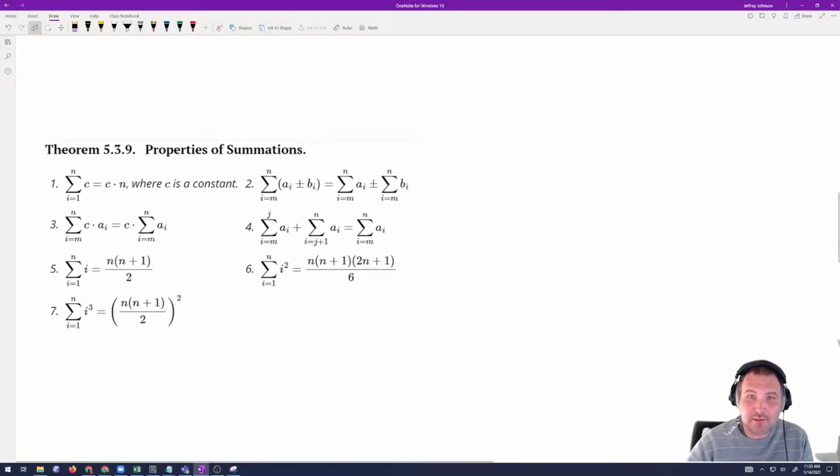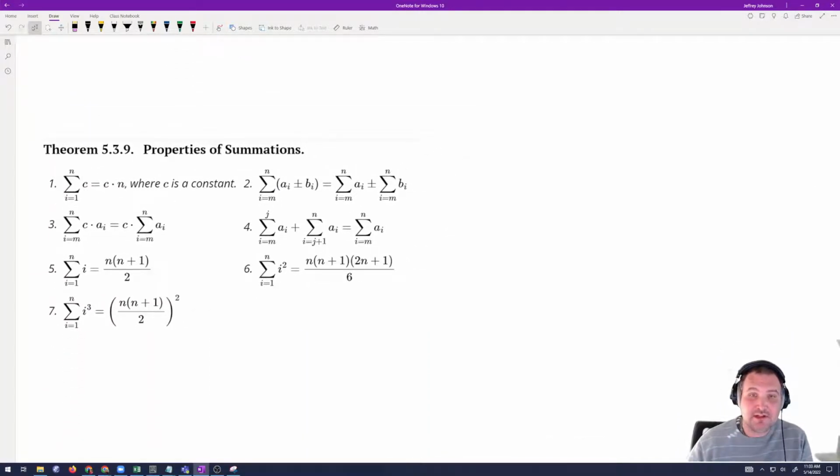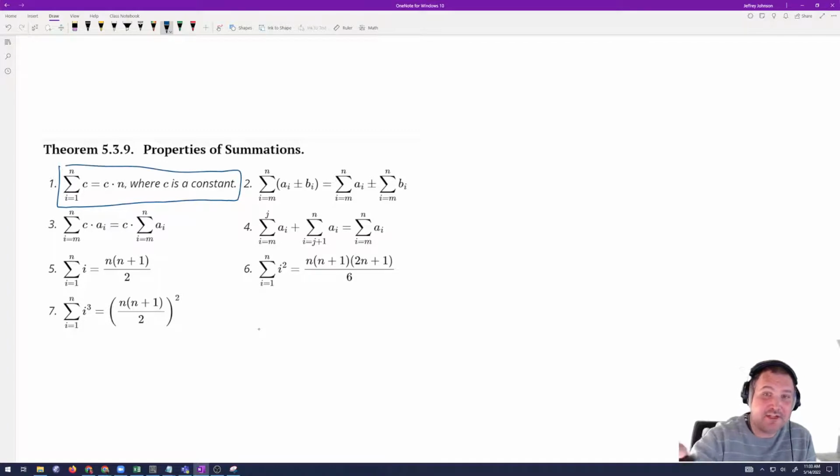So we have properties of sums. They should be reminiscent of the properties of integrals that we have, where if you're going to add up a constant a bunch of times, we just saw this. If you're going to add up negative 4 a bunch of times, that's what multiplication is. Multiplication is just what you get when you add up the same thing a bunch of times.